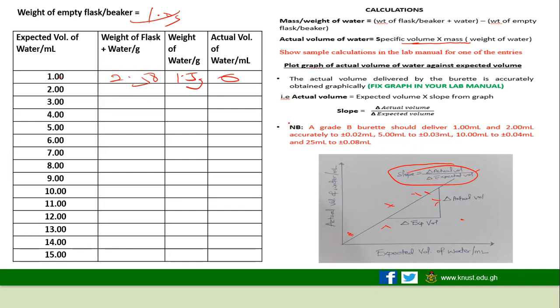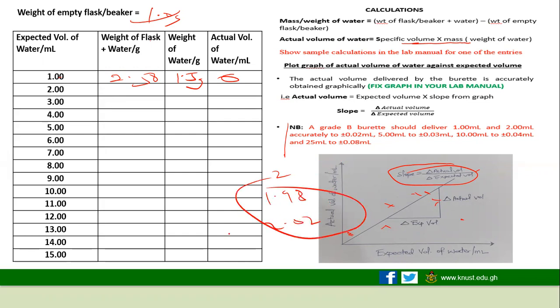Now, there's a standard here we have to pay attention to. The standard is saying that a grade B burette should deliver 1.00 mil and 2.00 mils accurately to 0.02 mils. Now, it means that if I'm saying I'm grade B, and I'm delivering 2 mils, it should be within 1.98 and 2.02.